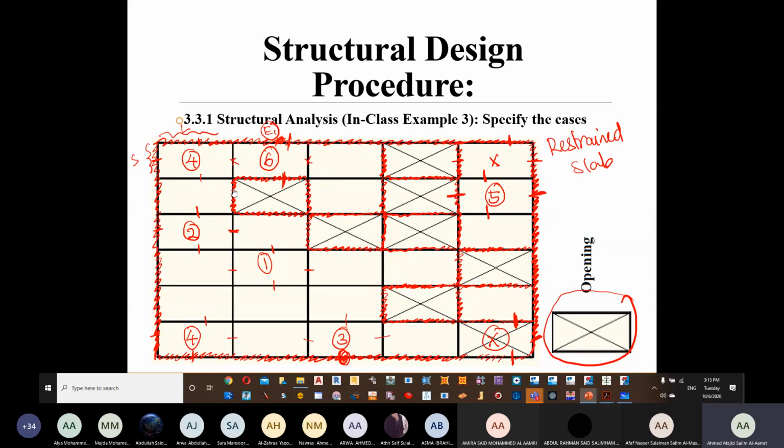Any slab? No slab. What about this one? This is short continuous, this is short continuous. This is long discontinuous, this is another long discontinuous. So we have two long discontinuous. Are we fine?